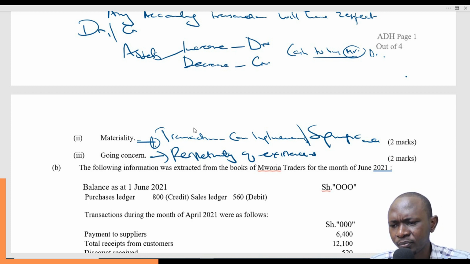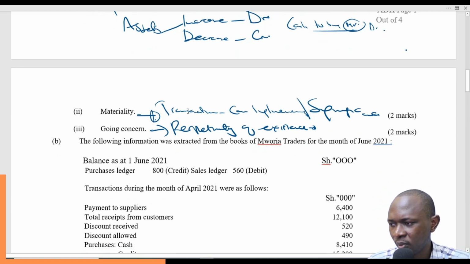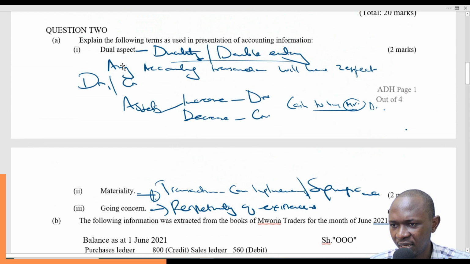It basically assumes that the business will be in operation for an unforeseeable period of time. It will continue to be in existence for as long as it takes. So that is what the three items are majorly about. This is duality or double entry concept, and we are talking about debit and credit.